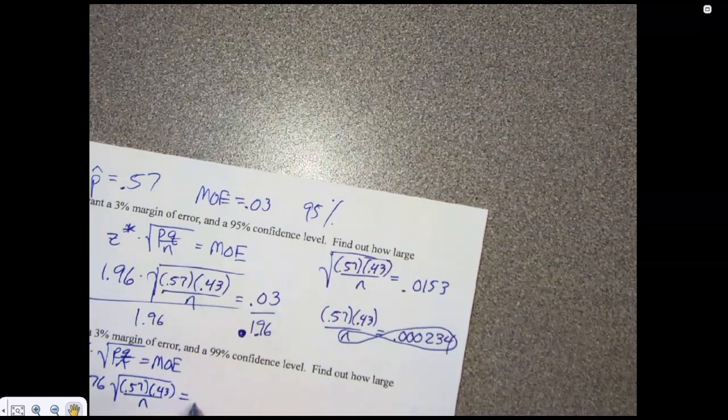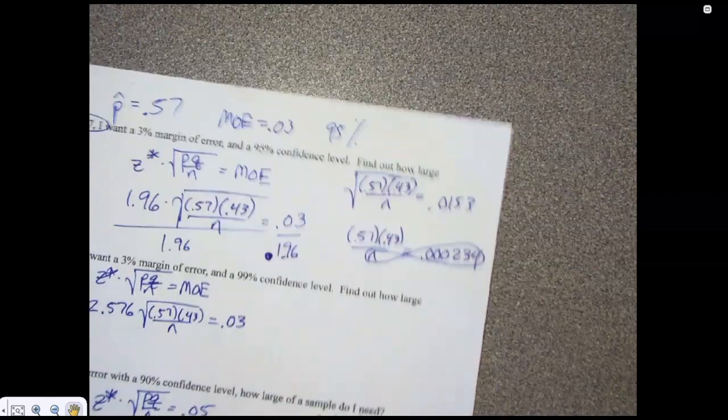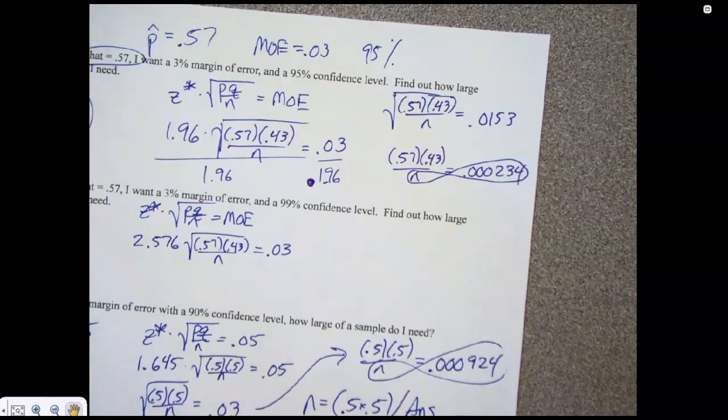So they did give you P hat this time, right? So make sure you use the one they gave you. If they don't, you use 0.5, but sometimes they give it to you.